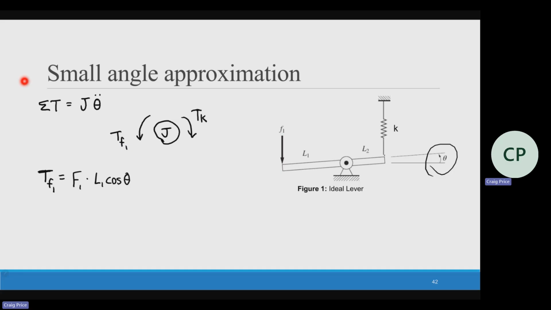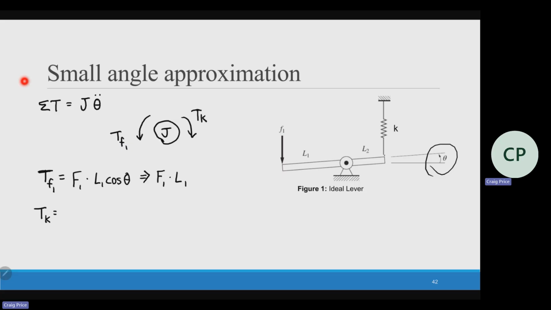So, as this moves, it's not necessarily at a right angle. And so this torque would be force times L1 cosine theta, but for small angles, this becomes F1 times L1. That's my torque there. For the spring, TK, it's also similar.